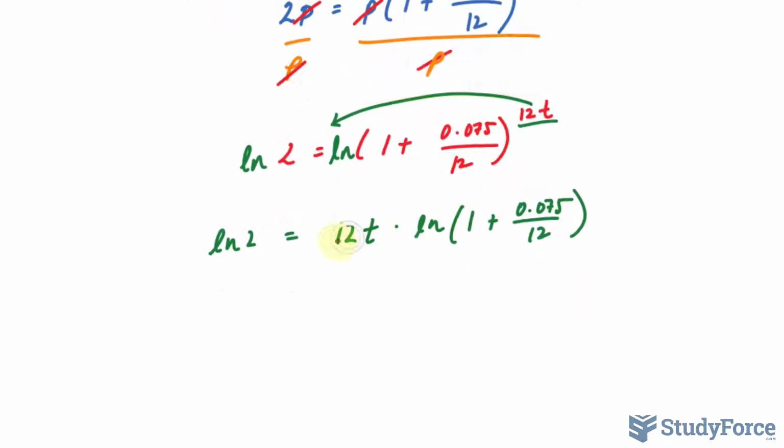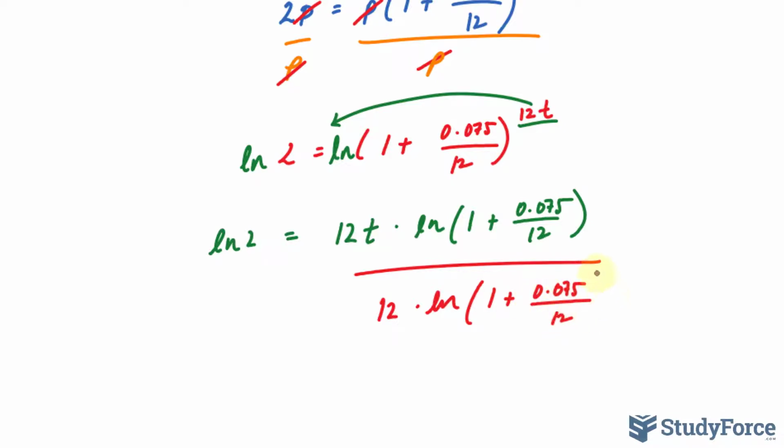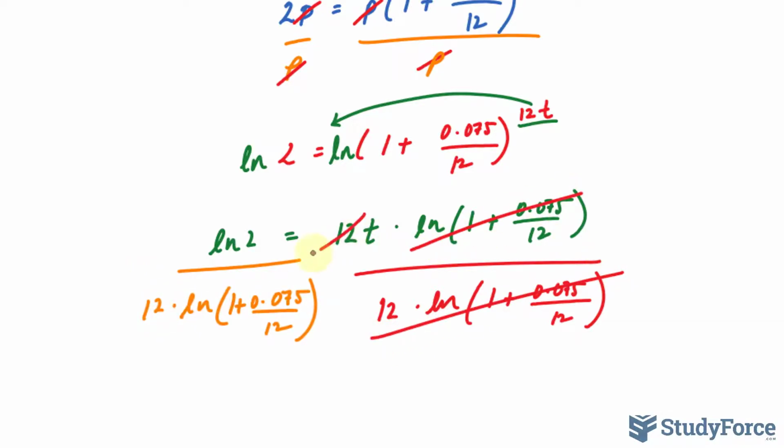Now that I have t as a product of this expression, I'll divide both sides by 12 times ln 1 plus 0.075 over 12. And if I divide this side and that side by the same expression, all of this will cancel out with those factors, leaving us with only t on the right side.